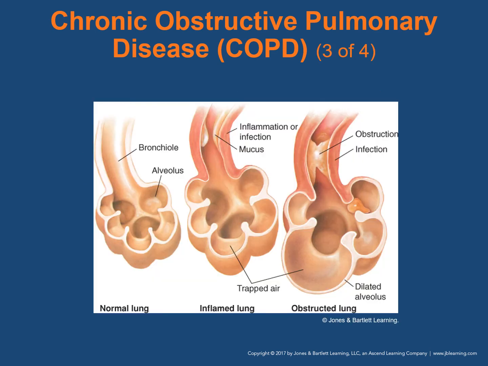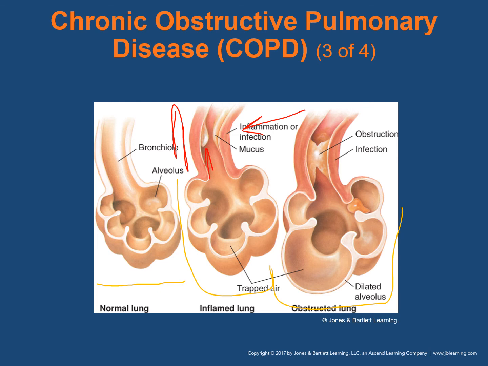Alright, so this picture is showing you a normal alveoli right here, where the alveolus and the capillary beds are close to each other, and the diffusion of gases is really, really good. Now, we have an inflamed lung and obstruction happening here. You can see the inflammation, the mucus production, the soft tissue, the bronchioles becoming inflamed and not looking good, then you have the mucus production in here.